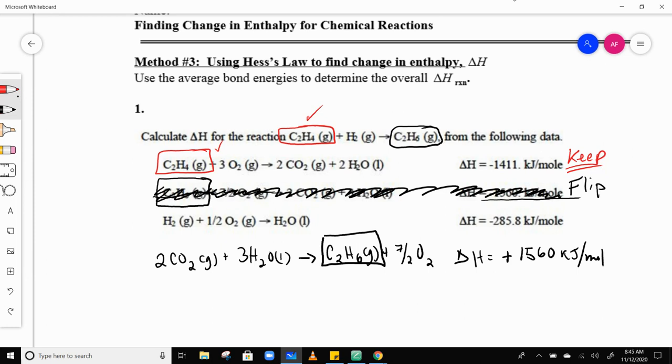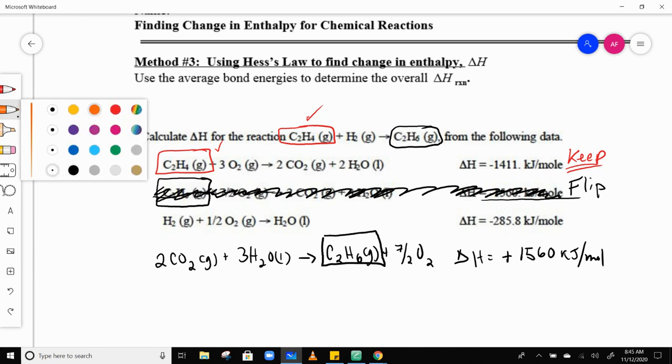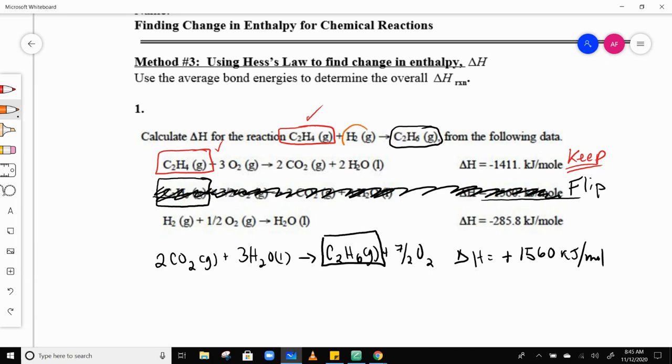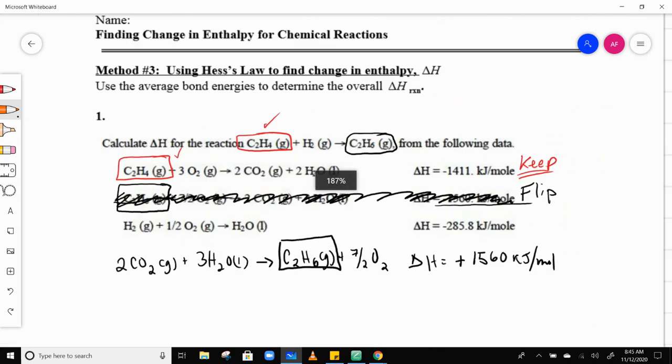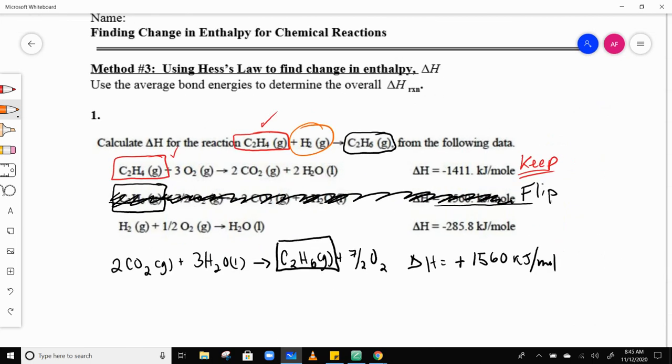The last thing we need to look at is this H2. If you notice, there is H2 here. It's already in the reactant side. There's already one of them. So most likely we're good.